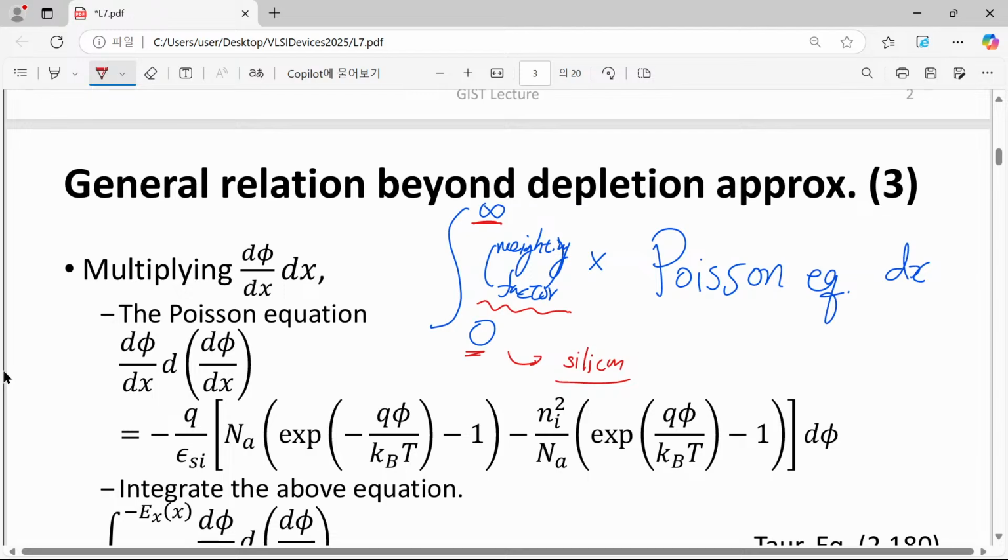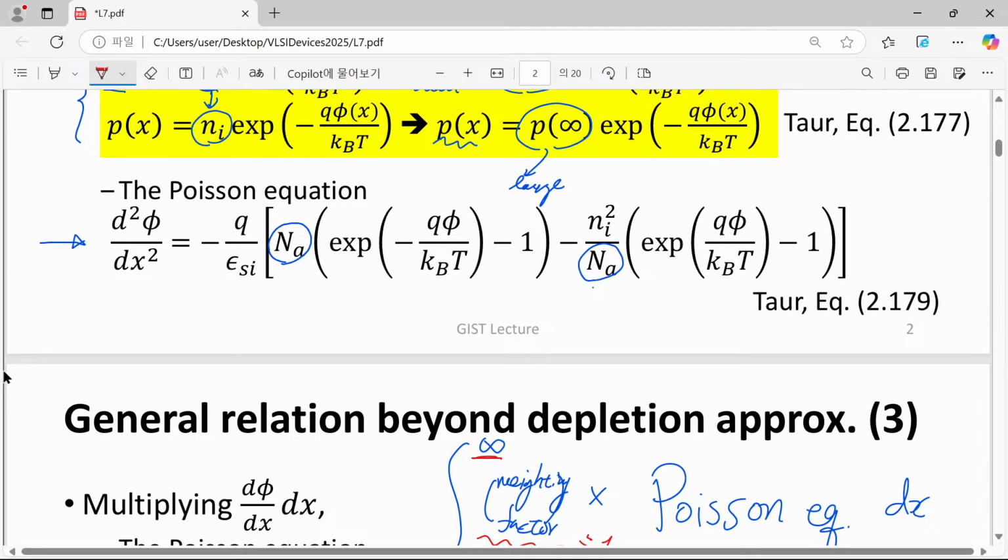Here we have an equation. Then what happens if we just integrate this Poisson equation without any weighting factor? It means that we just multiply by number 1, so nothing happens. Then if we integrate it over our domain, what will happen? First of all, let's think about this one.